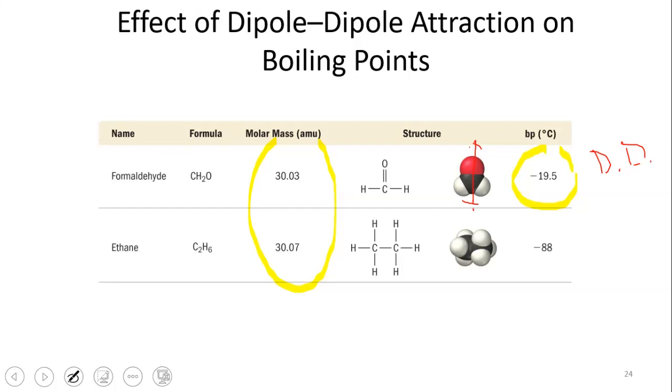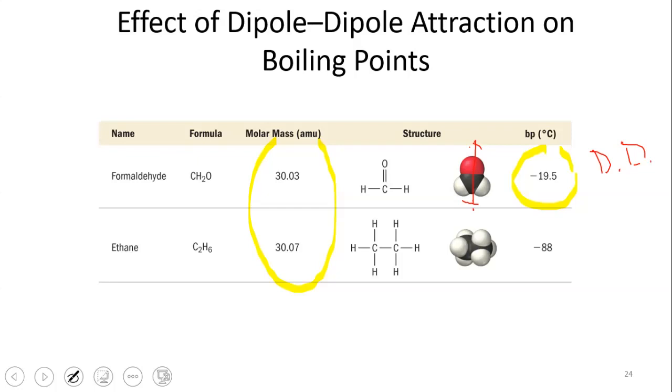Well, the more energy required, that means the higher the temperature is gonna get before I see that vaporization happening. And therefore, as you can see, the strength of intermolecular forces can be seen through the boiling point of two substances. The boiling point becomes a useful tool to assess what strength of intermolecular forces are present between two compounds.